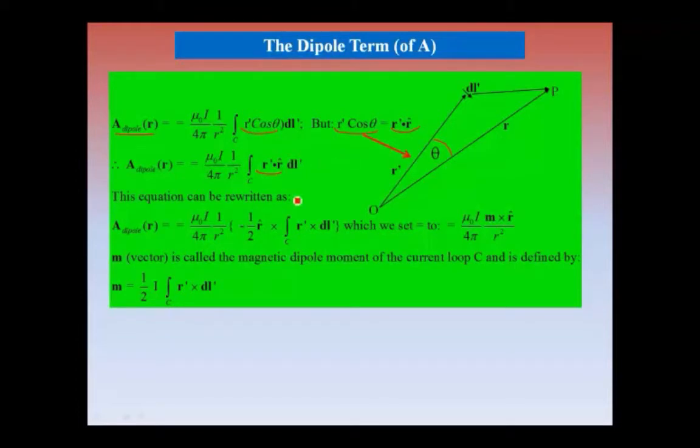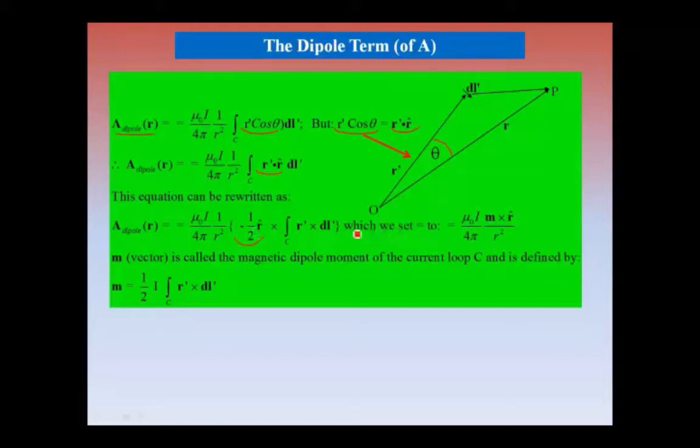Well, we can rewrite that in terms of looking at the expansion of a dot product, and that will be of the following form. So we can rewrite the term that we have here in terms of a term that is only R dependent and a term that is only R prime dependent. If we look at that, then this is the minus 1/2 over R hat factor, so we can start to think about the dipole.